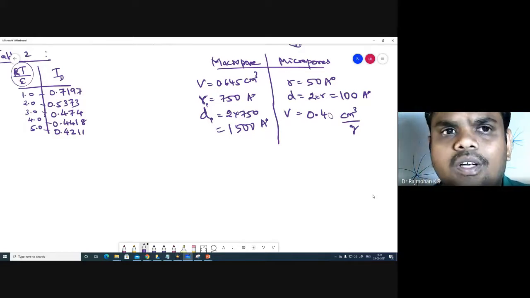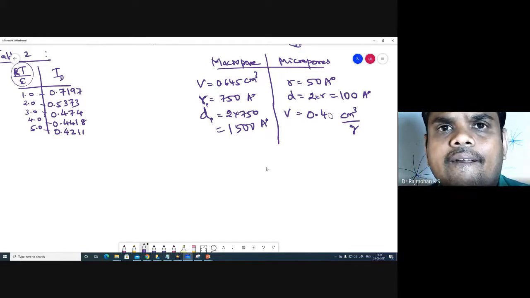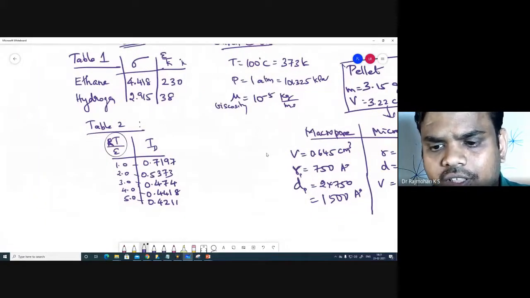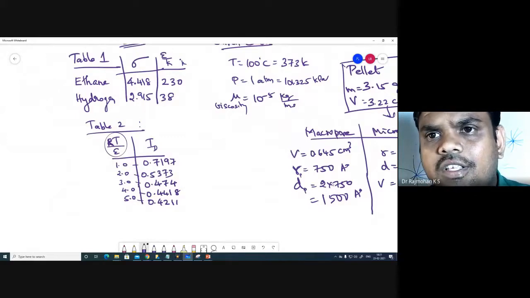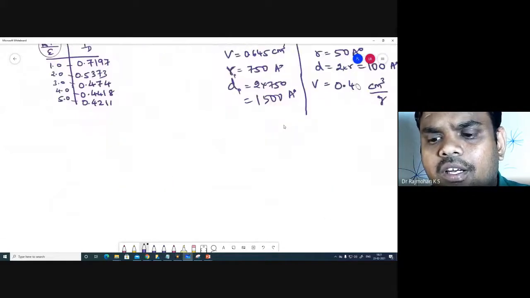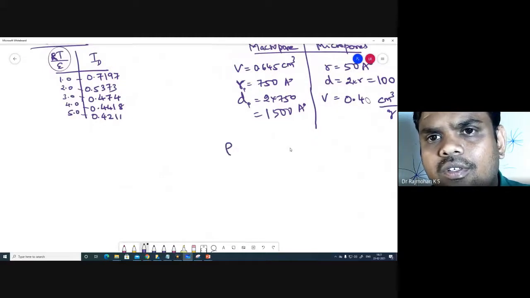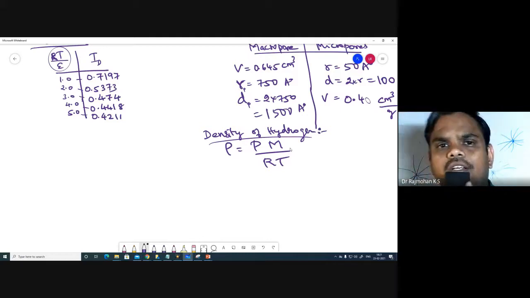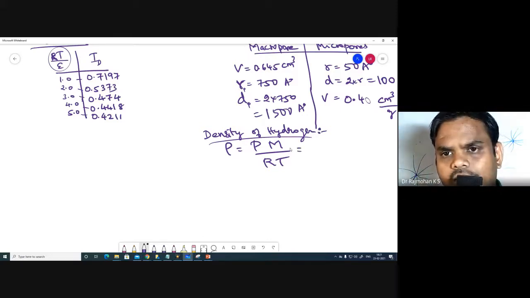Now, with this data given, we can find out the density. Rho equals PM by RT, right? So what is the density of hydrogen, pure hydrogen?